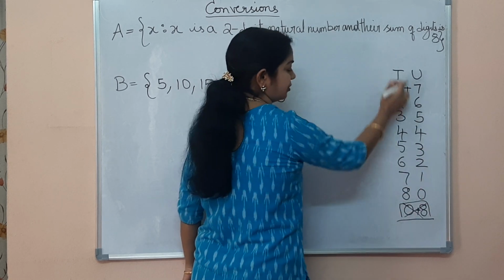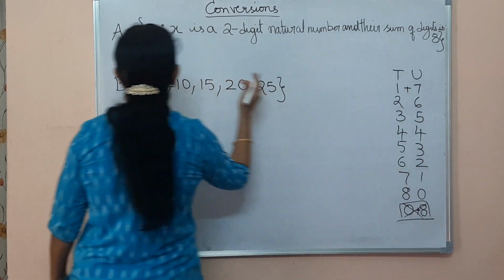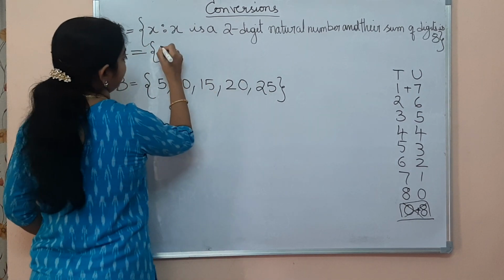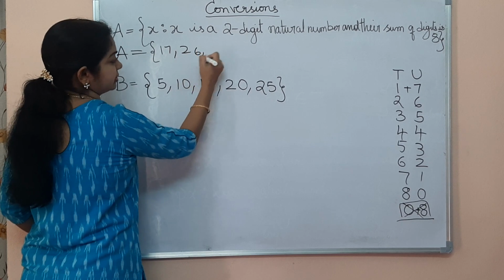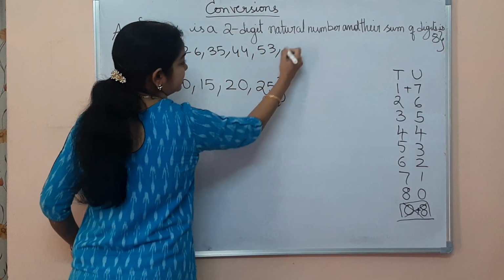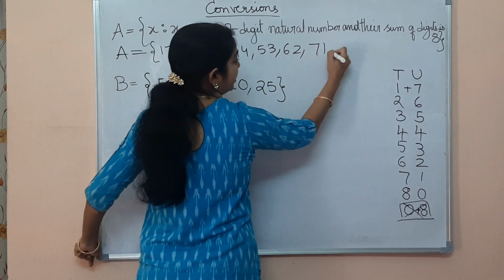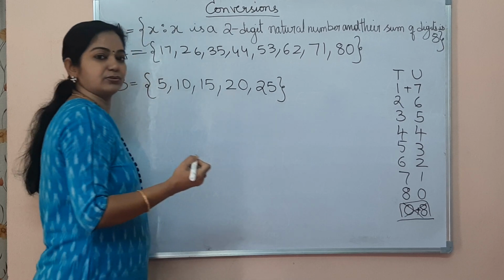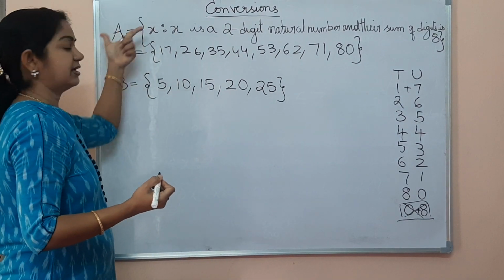Till here, these are all the 2-digit numbers whose sum is 8. Now we list out 17, 26, 35, 44, 53, 62, 71 and 80. So this is the roster form of the set A.